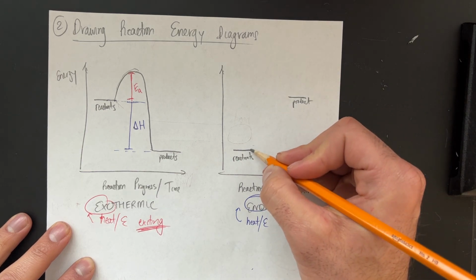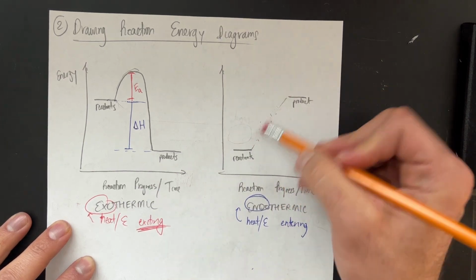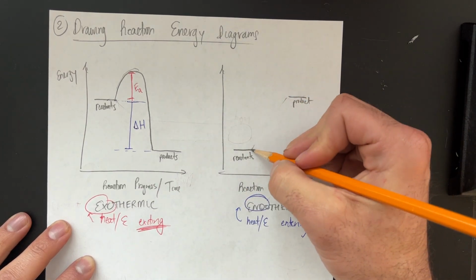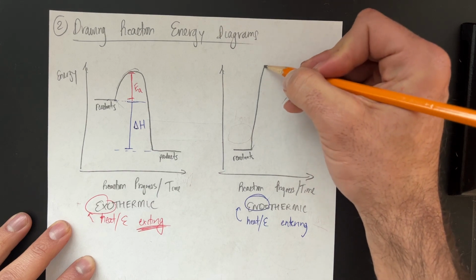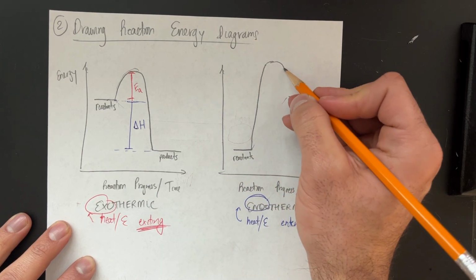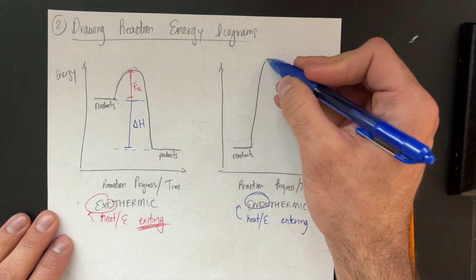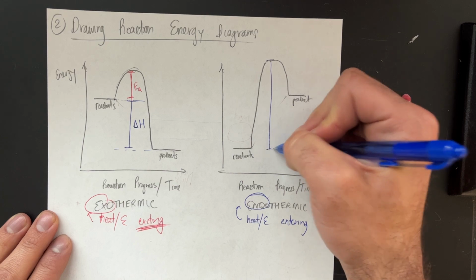Similarly, it's not just going to look like that. Rather, we're going to have to put in some amount of energy at the beginning. We have to go up even higher than we would otherwise, and then eventually we can go back down. And this entire thing, we call that energy of activation.